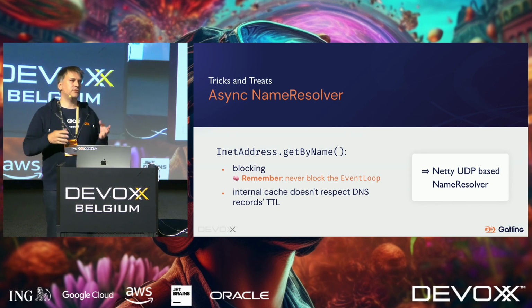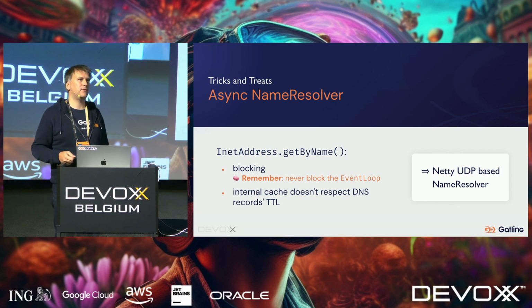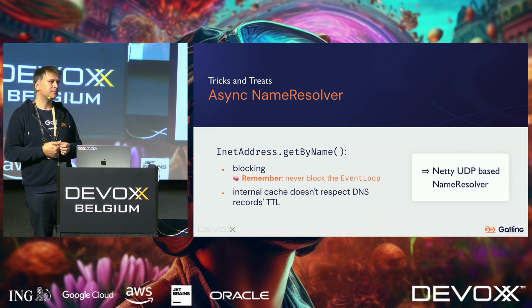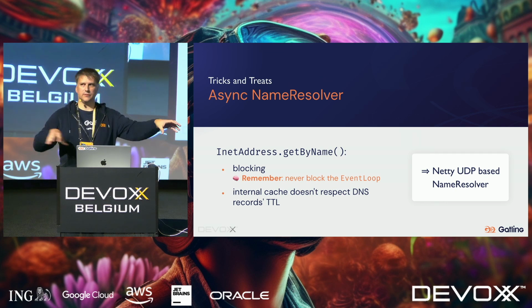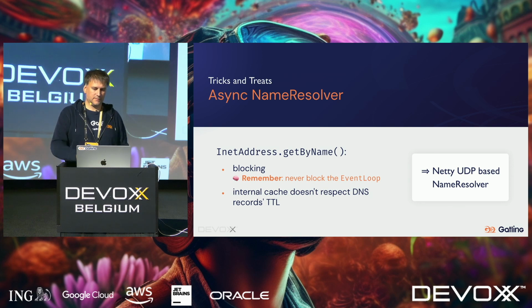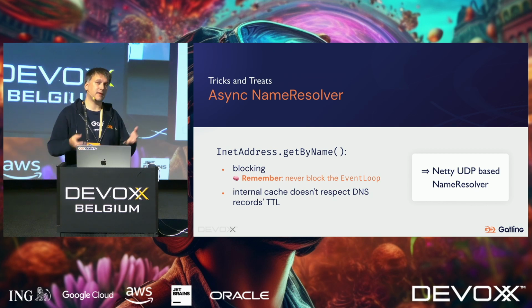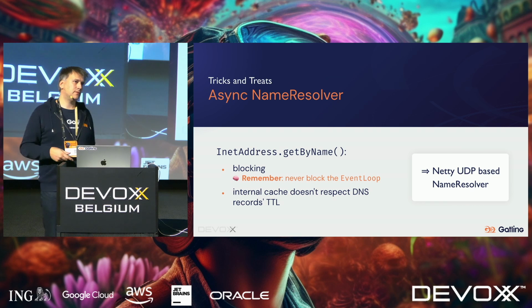So this can make things tricky when you're dealing with lots of DNS changes, for example, if you have some auto-scaling where you're adding new servers and new addresses for your host name, or if you're dealing with a Kubernetes cluster and you're moving instances around. You expect the TTL of your DNS records to be respected, and actually the JVM doesn't. So instead, Netty implemented its own asynchronous name resolver based on its own standard UDP support.